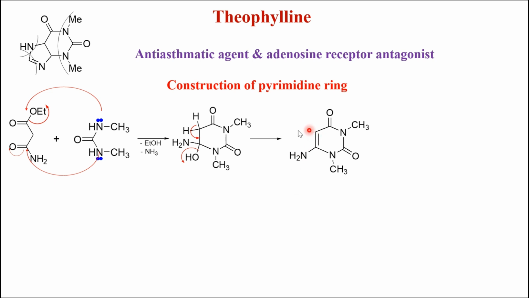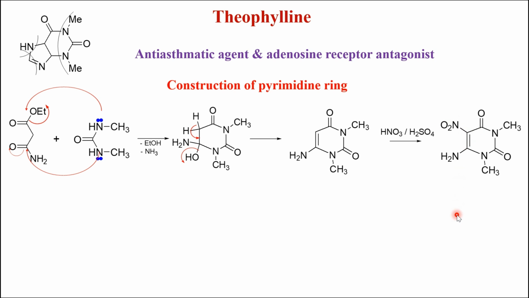Here I have to introduce the amino group. I cannot introduce the amino group directly. That's why I have to go for nitration, where I treat with nitric acid and sulfuric acid. The nitration of the carbon occurs to give the corresponding 5-nitro derivative of this pyrimidine ring.